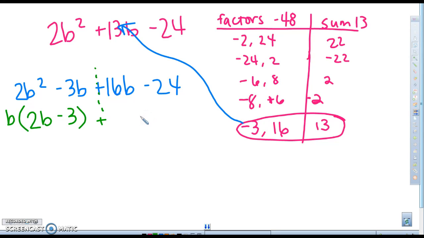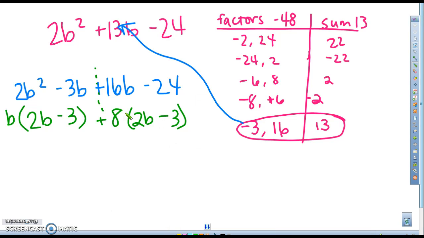No? 8? 8. They're both divisible by 8. There we go. So if I take that 8 out, 16b divided by 8 would leave me with 2b. Negative 24 divided by 8 would be minus 3.